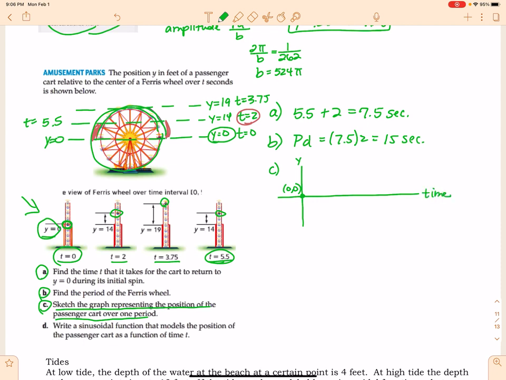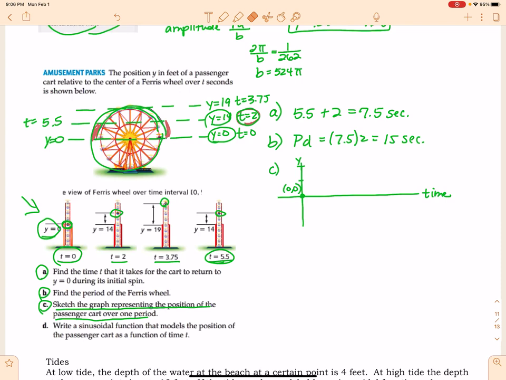As time passes, I can look at my curve here. When t equals 2, y is at 14.